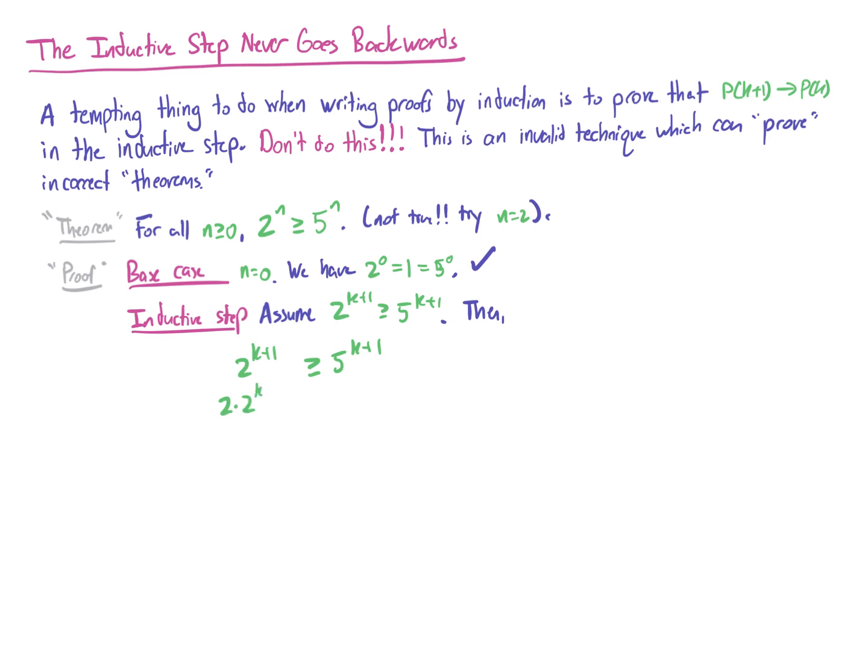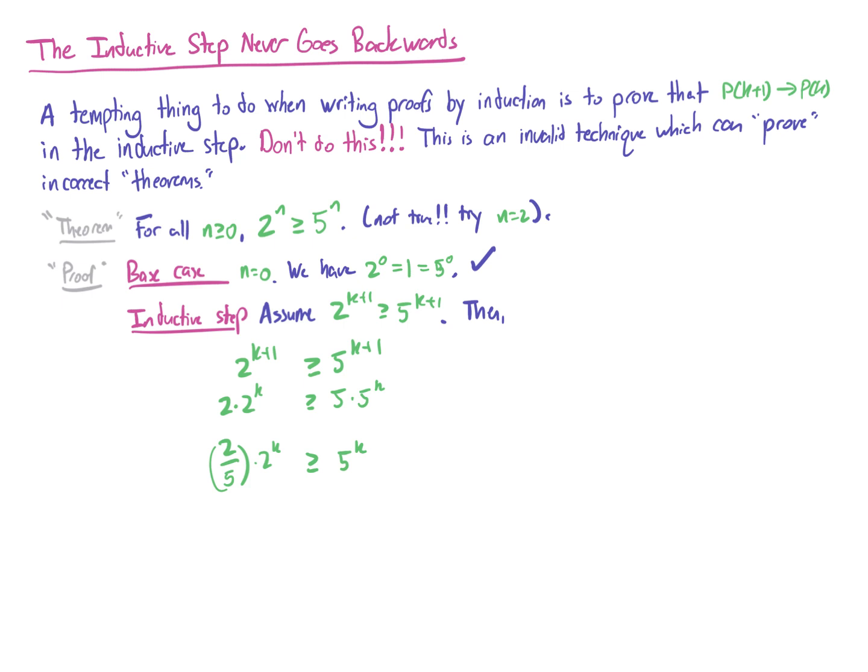All of these steps are algebra. So 2 times 2 to the power k is greater than or equal to 5 times 5 to the power k. And then more algebra, I'm going to divide through by the 5. So I'm going to get 2/5 times 2 to the power k is greater than or equal to 5 to the power k. And guess what?